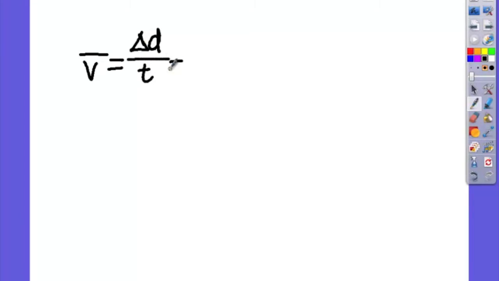Now we've already shown how we can make delta d just plain d, if we think about the displacement as being the final position minus the initial position of 0. And we've already simplified our time as the final time on the stopwatch.